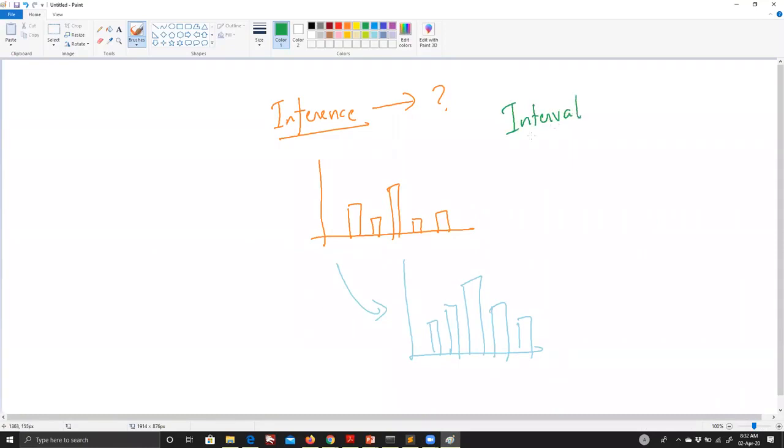Anyone? The distance between 2 points. Distance between 2 points, okay. Differentiation within two samples. Differentiation, maybe not the correct word. Anyone else?